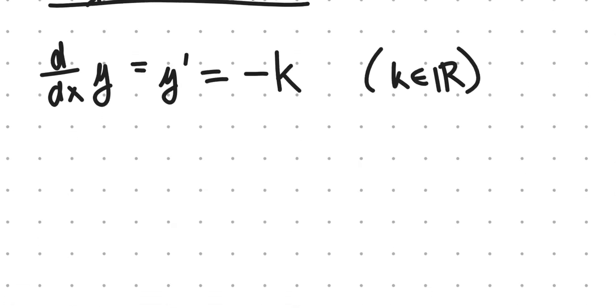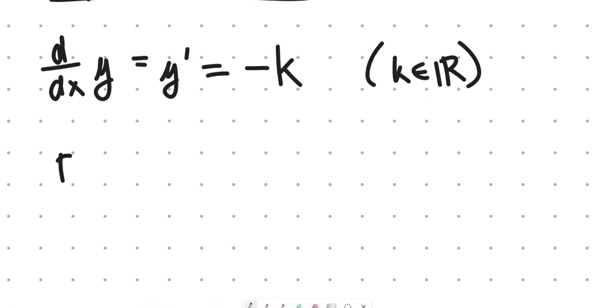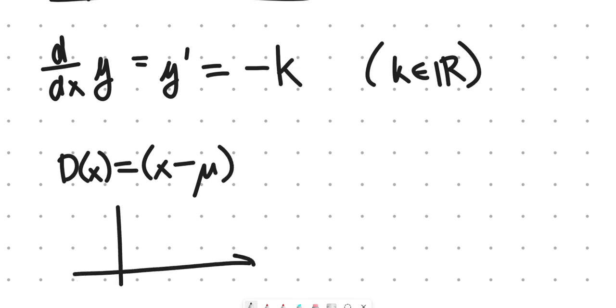Now, since we also have the distance d of x is x minus mu. Let's see, if x is here and mu is here, the distance between x and mu is going to be this, and this is going to be x minus mu. But imagine x is over here, smaller than mu.